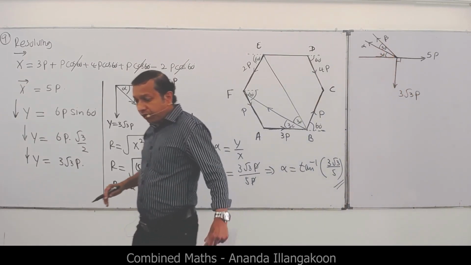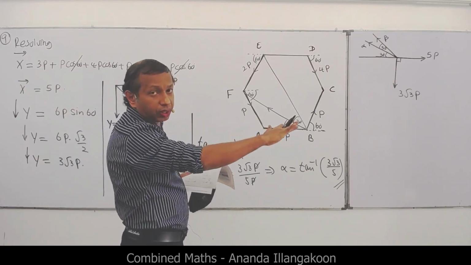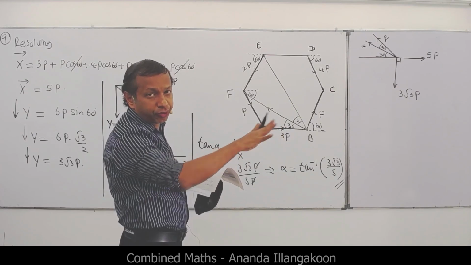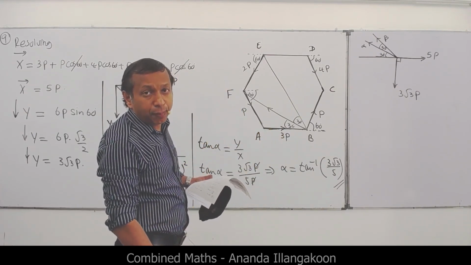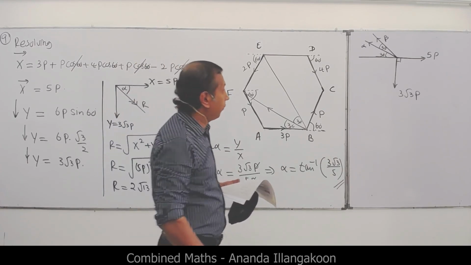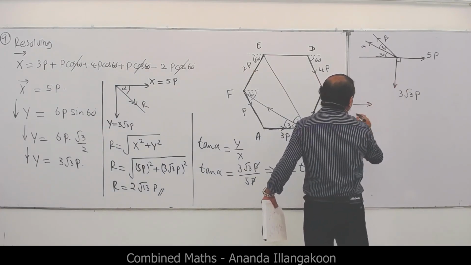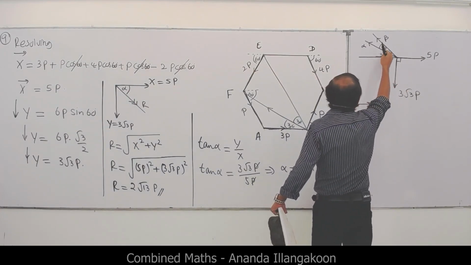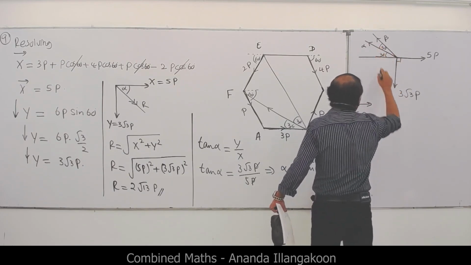You know, when a system of forces is in equilibrium, people, when we resolve horizontally, the algebraic sum of the components should be 0. When we resolve vertically, the algebraic sum of the components should be 0. Thereby we can take 2 equations, right? Resolving this way: 5p, and alpha and beta will give leftward components, minus alpha cos 30.